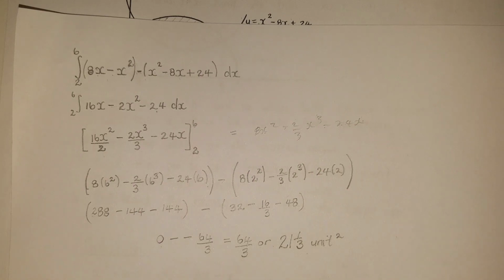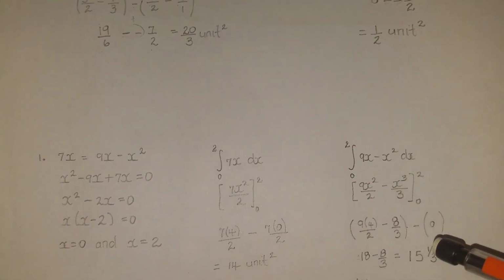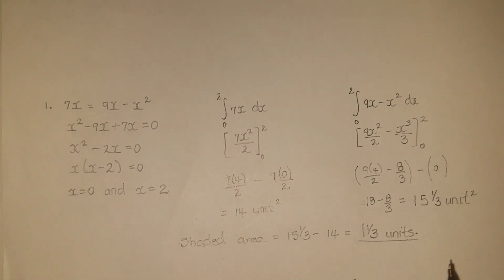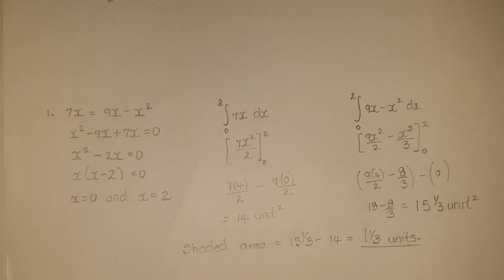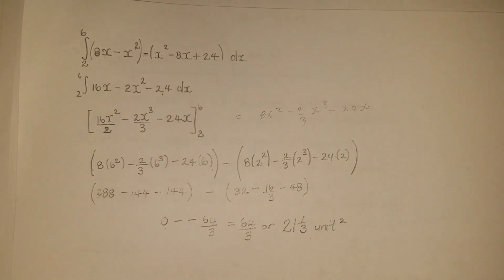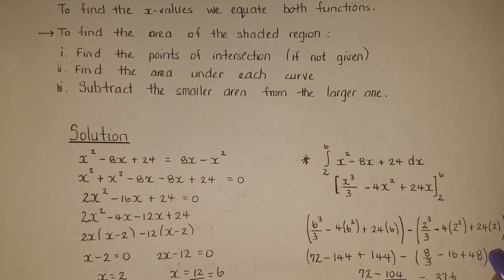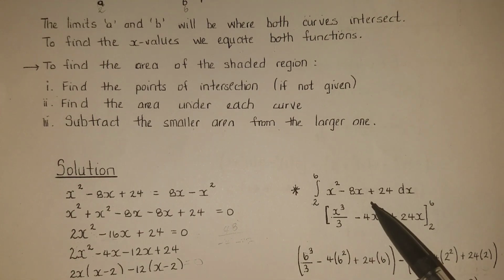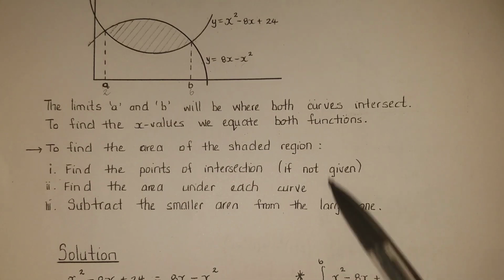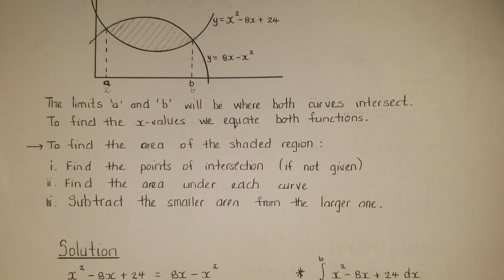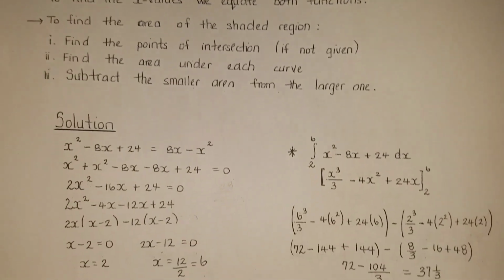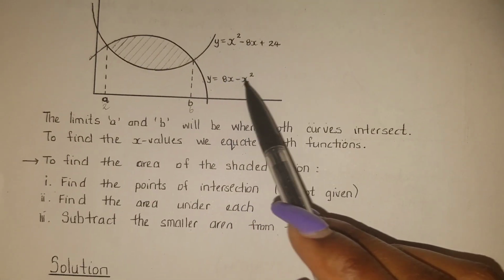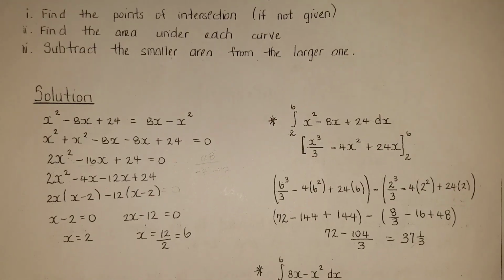Now, on this paper, I did the other method where I found the integral of each function. So I found the integral of the x squared minus 8x plus 24 function to get this answer. Then I also found the integral of the 8x minus x squared function to get this answer.